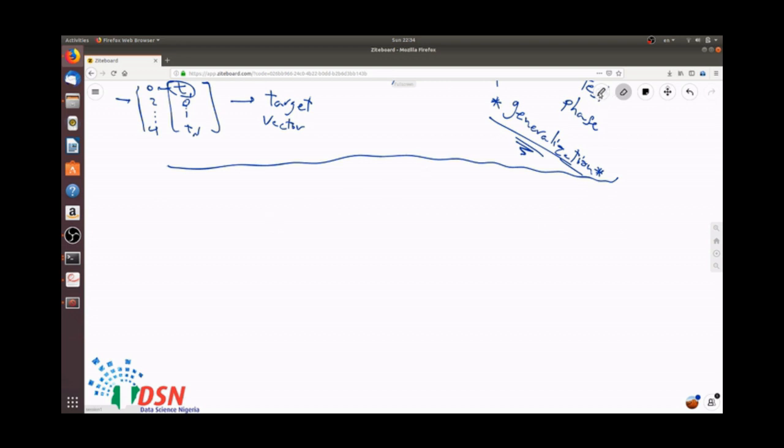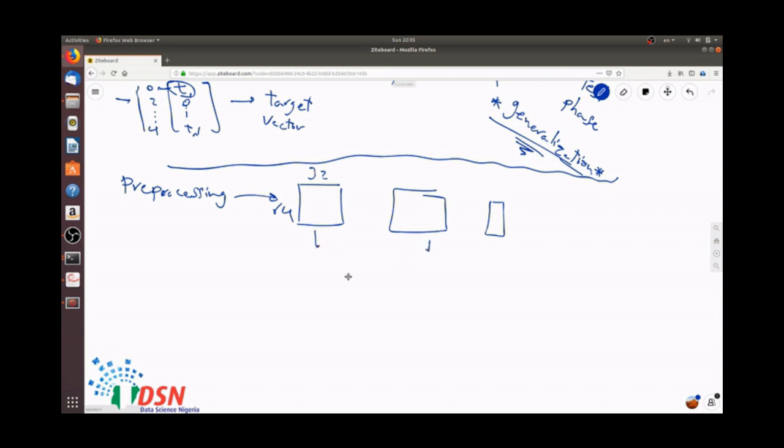Maybe we have another step called preprocessing. In preprocessing, in our example of digit recognition, maybe we scale all of the images, because maybe we have 32 by 64 or different scale images.